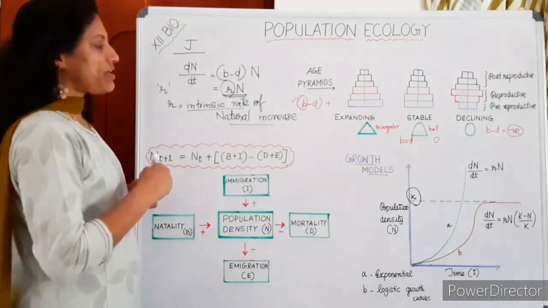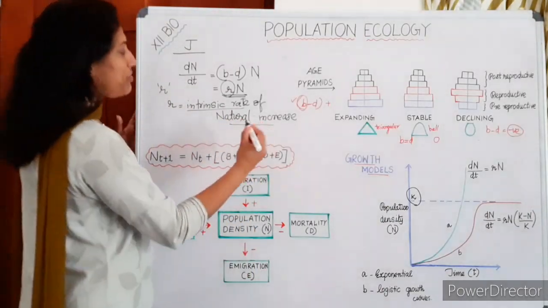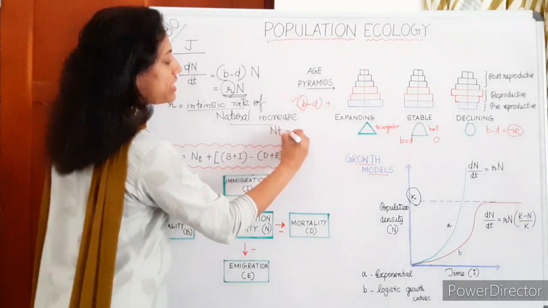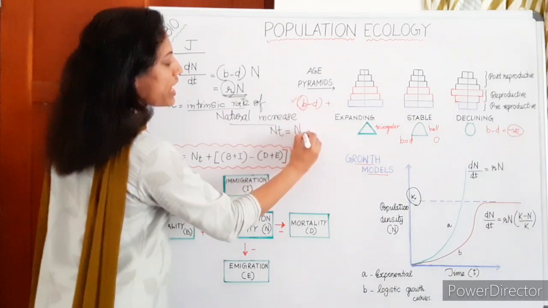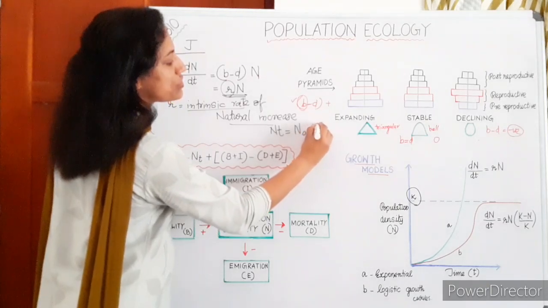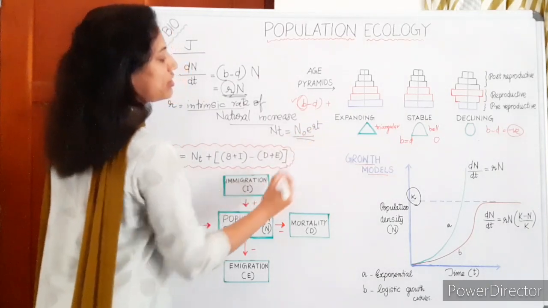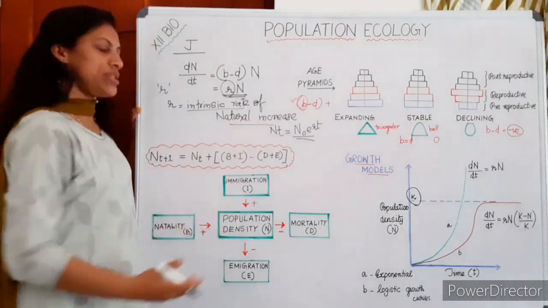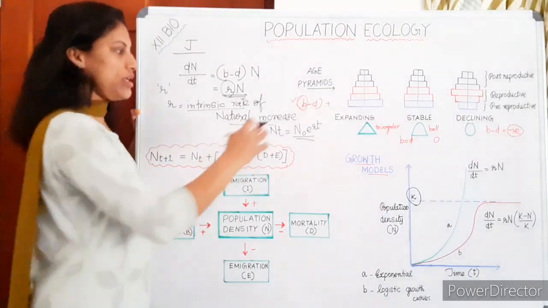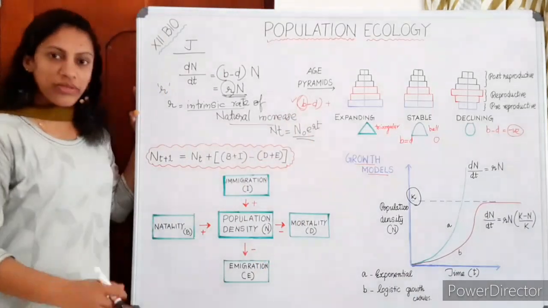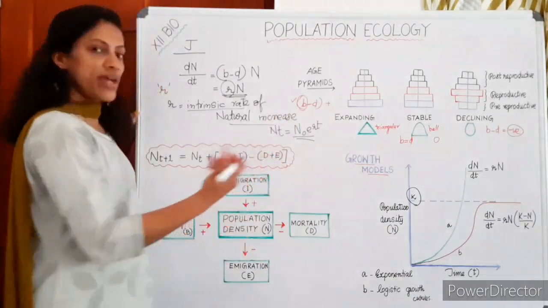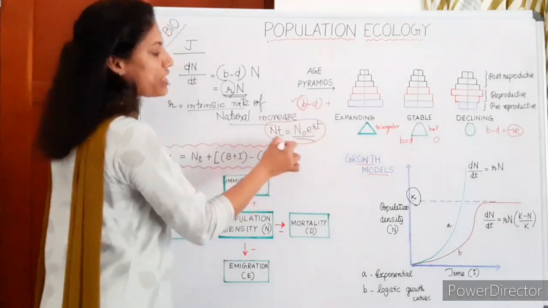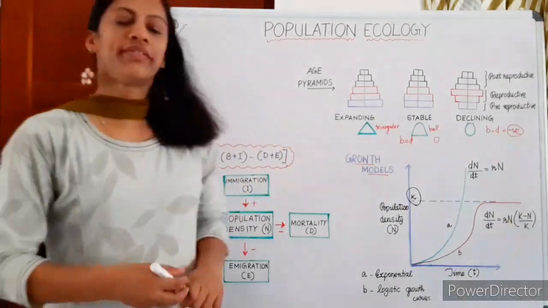So when we take it in the exponential form, the equation is represented as Nt equals N0 e raised to rt, where Nt is the population density after a time t, N0 is the initial population density, e is the base of the natural logarithm, and t is time. So Nt equals N0 e raised to rt.